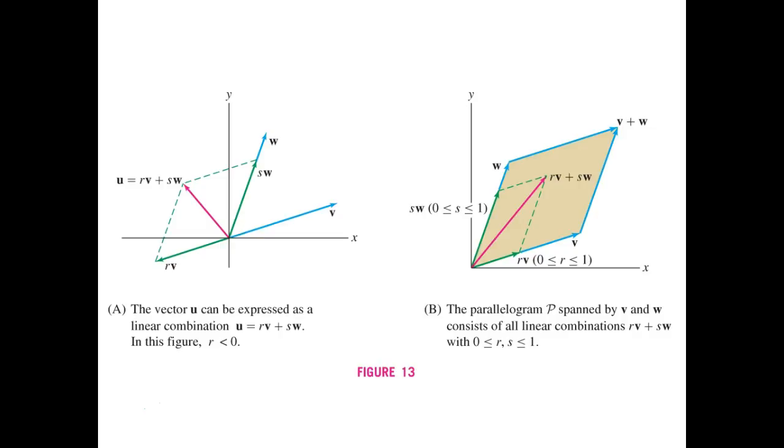The parallelogram P, the whole big blue parallelogram here, we say is spanned by v and w, and consists of all the linear combinations rv plus sw with r and s being between 0 and 1. In other words, every linear combination of those two vectors, as long as you keep your r and s between 0 and 1, will fall somewhere inside that space spanned by v and w.